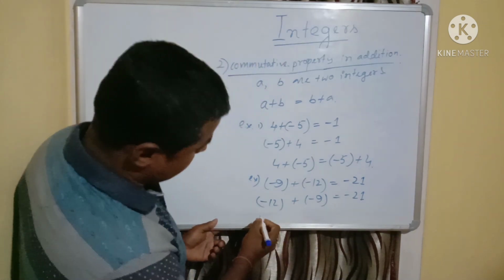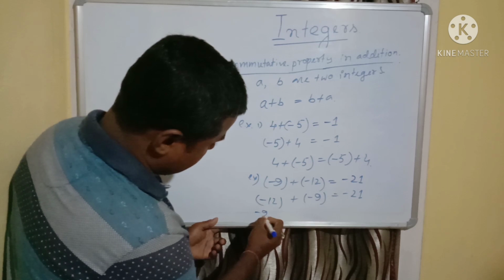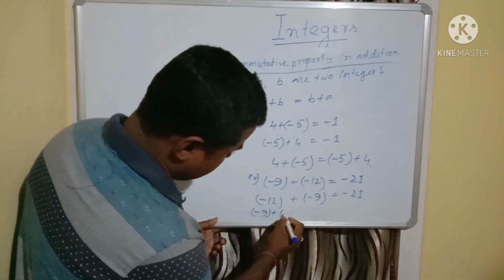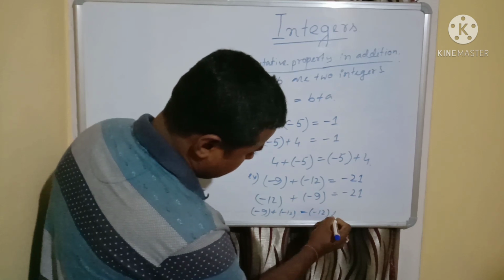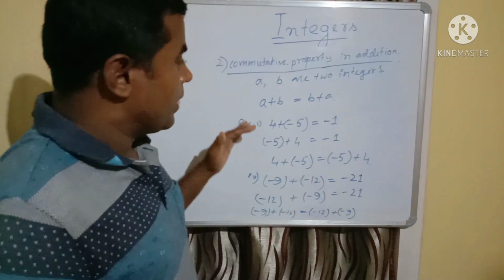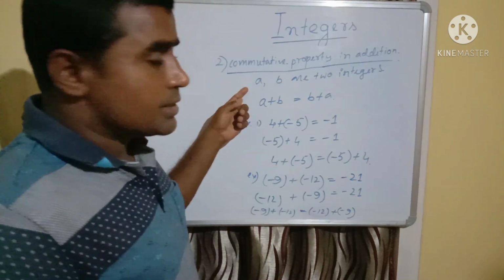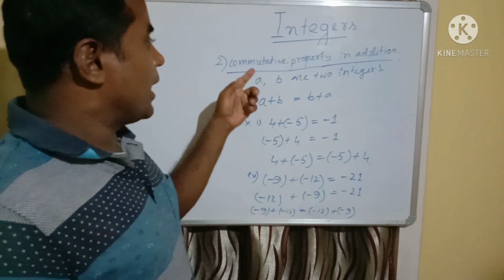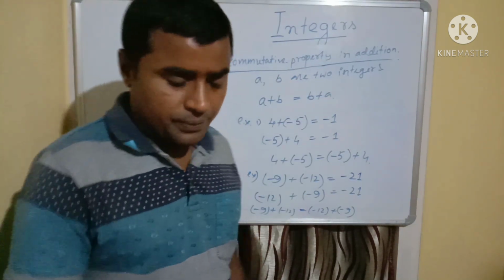It means minus 9 plus minus 12 equals minus 12 plus minus 9. So we can say integers are closed under the commutative property in addition.